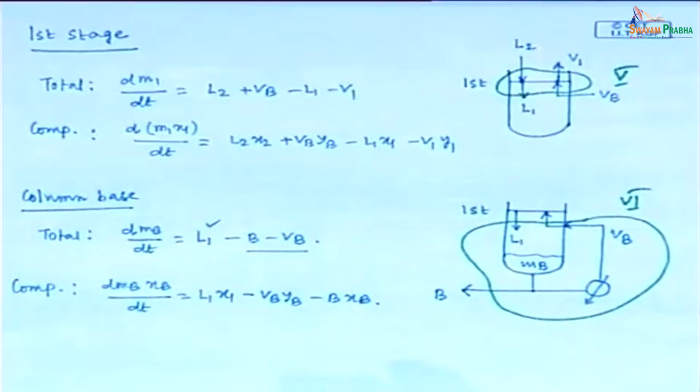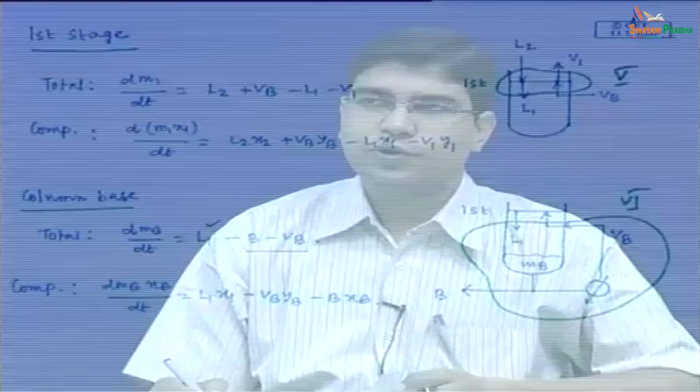So, basically there are total 6 envelopes. One is for the reflux drum, second one is for top stage, third one is for end stage, fourth one is for feed stage, fifth one is for bottom stage, and sixth one is for column base. Fine.